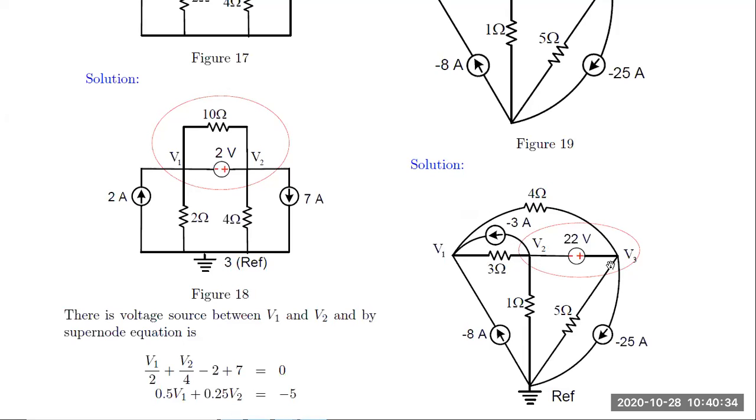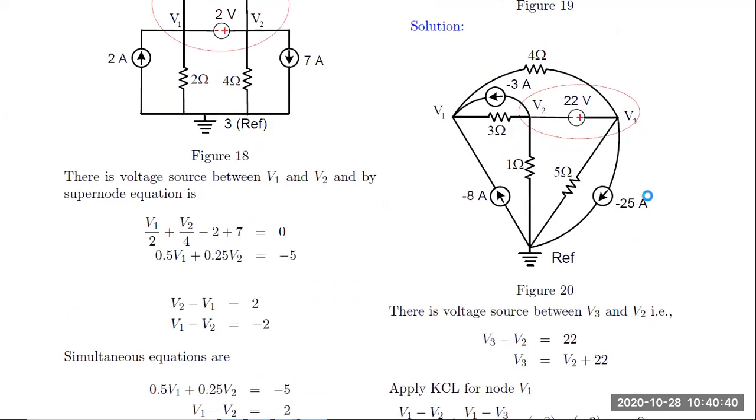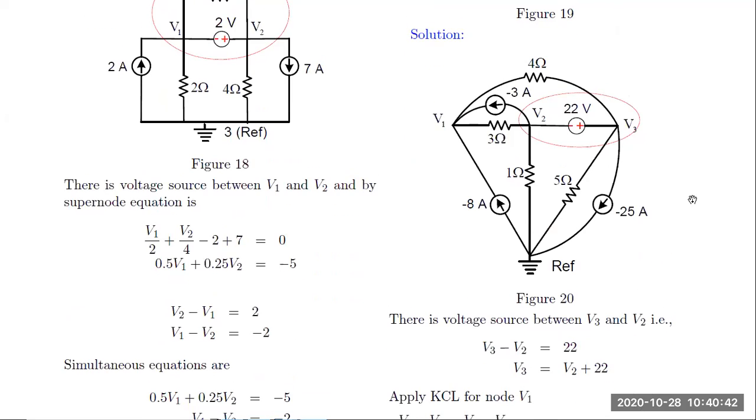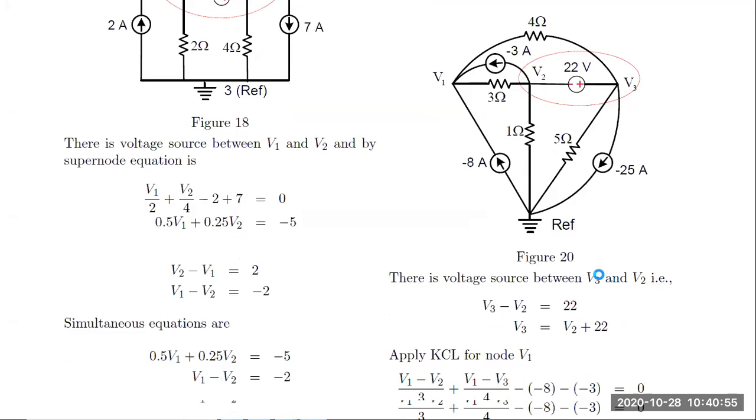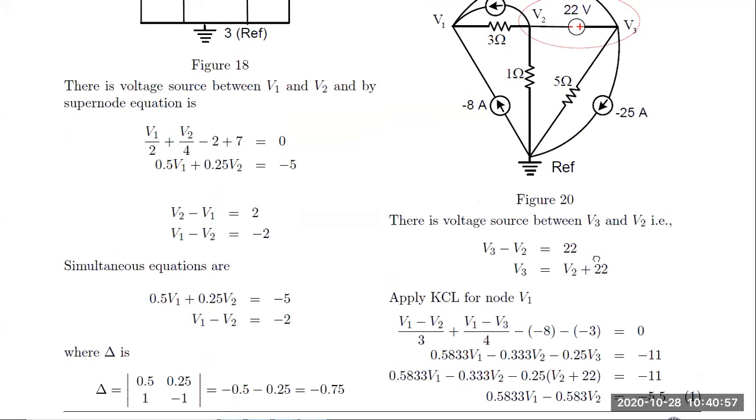Coming to the third one, there is a resistor, minus 25 ampere, and a resistance between V1 and V2. How do we write the supernode equation? Observe this: V3 minus V2 is equal to 22, or V3 is equal to V2 plus 22. Apply KCL for node 1.